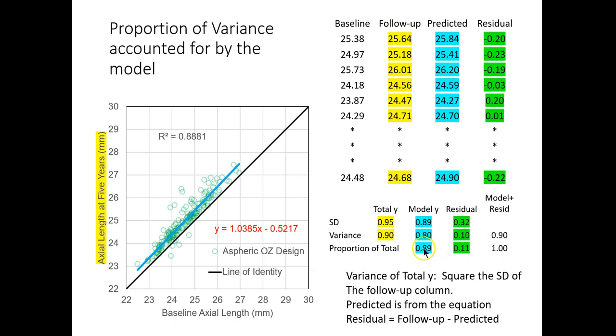So if you know the model variance, the proportion, the R squared, basically, that's what this is, the R squared, the proportion of the total. And you subtract that from 1, and the proportion that's not accounted for is 0.11.